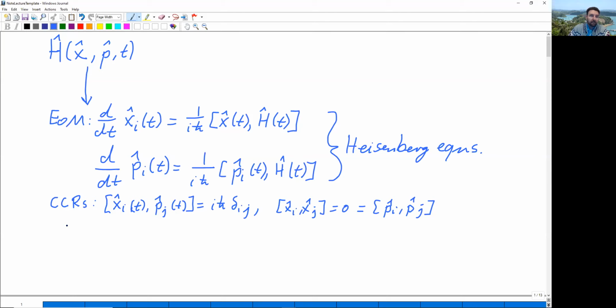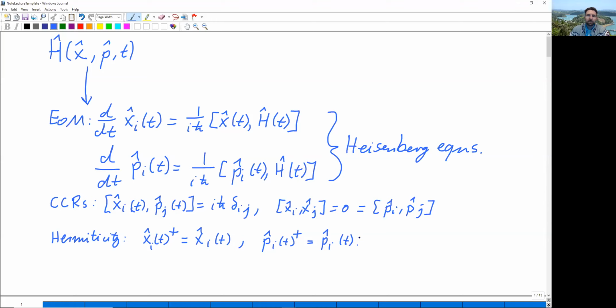There is one more thing that belongs to this level of abstraction, right below the Hamiltonian, and that is the hermiticity. Namely, we want that x hat i of t dagger is equal to x hat i of t, and p hat i of t dagger is p hat i of t.